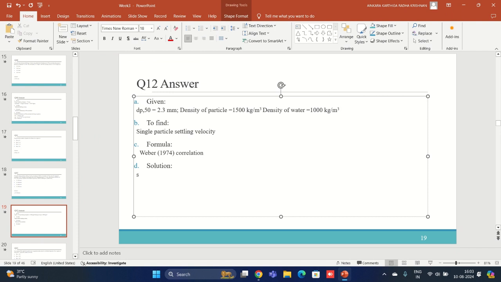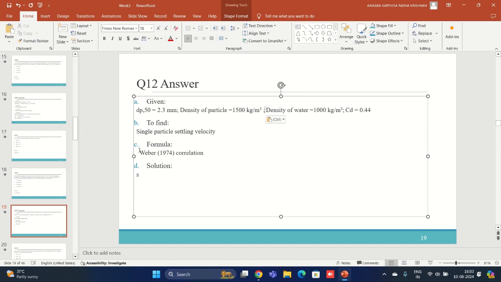And what else is given? CD is given, 0.44. Yes, these are the things given.